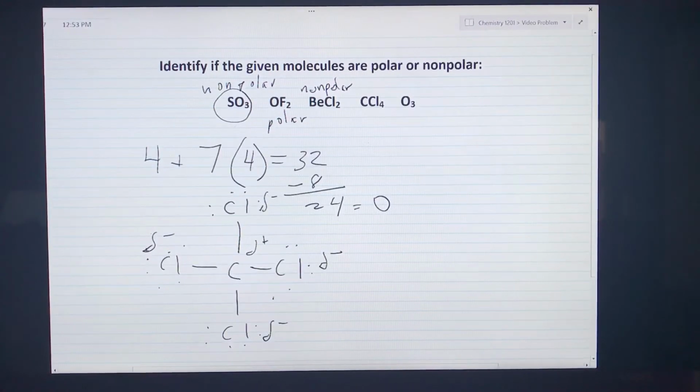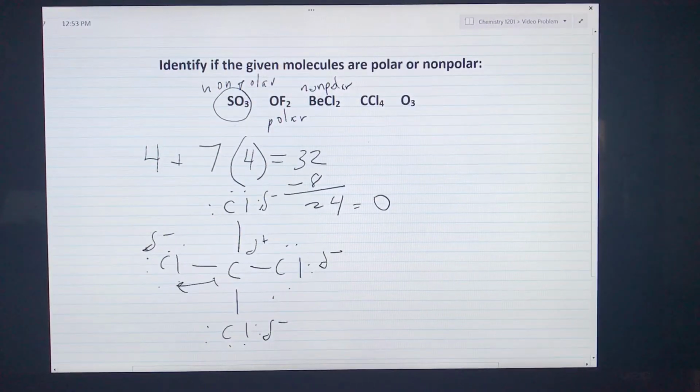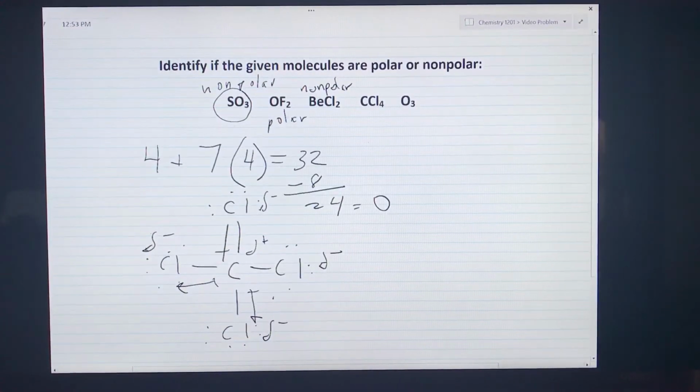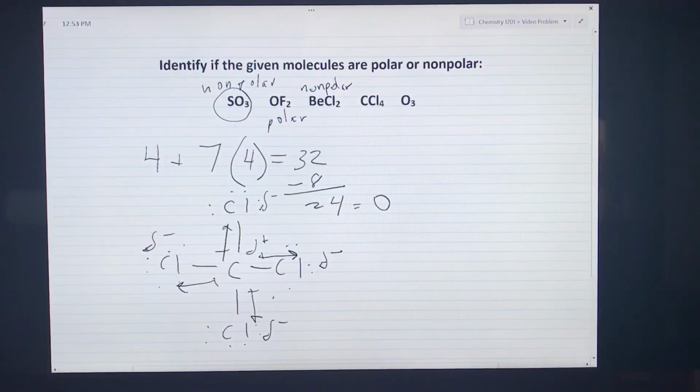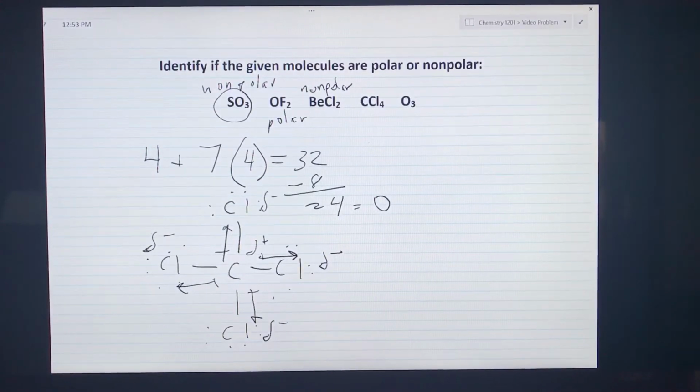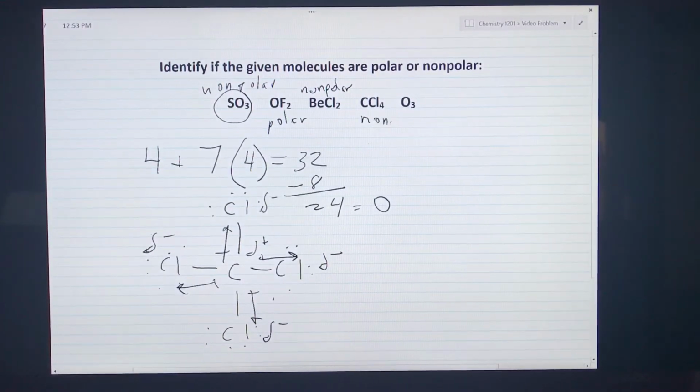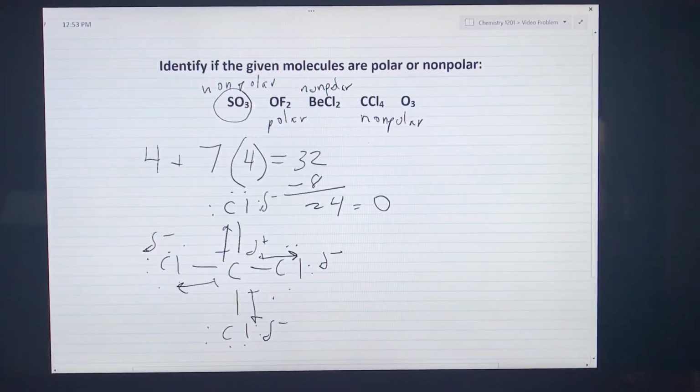So therefore, the dipoles would be pointing towards the more negative atom. And thus, each dipole will cancel out, so there will be no net dipole, and CCl4 would be non-polar.